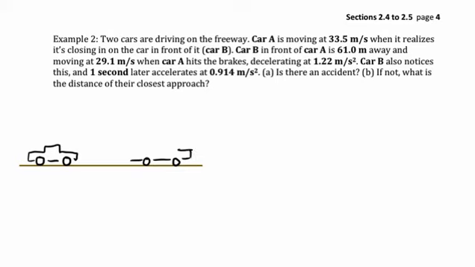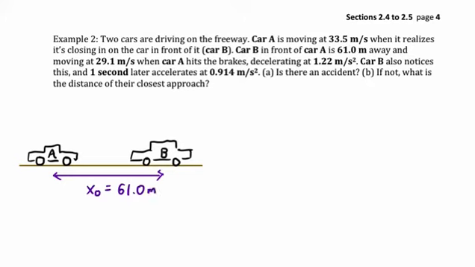That's cars A and B. Here's A, and there is B. The distance between the cars, when the clock starts, is 61 meters. So we're going to call that x naught, 61.0. I guess we're working with 3 sig figs.